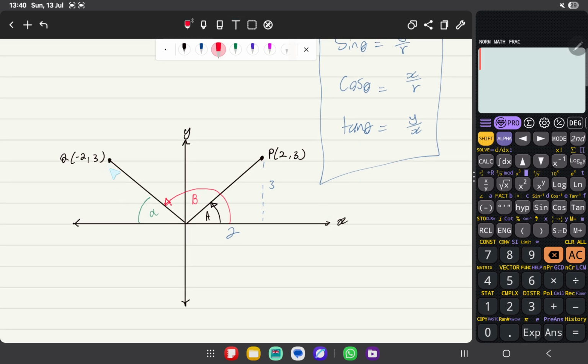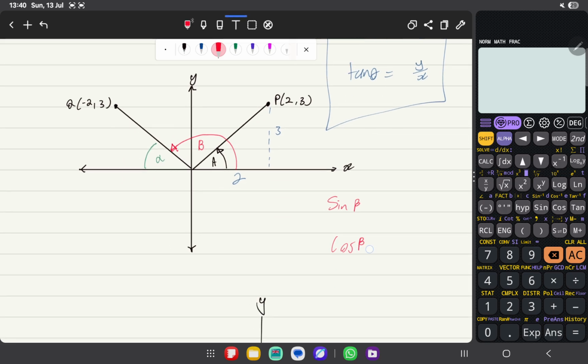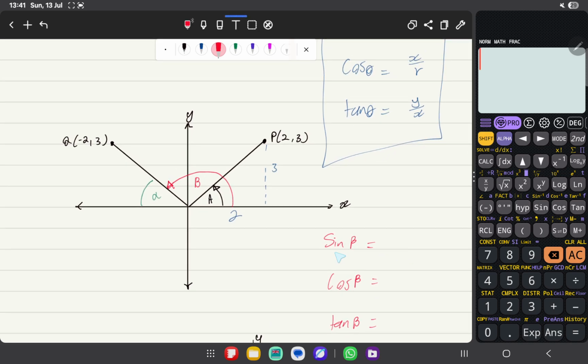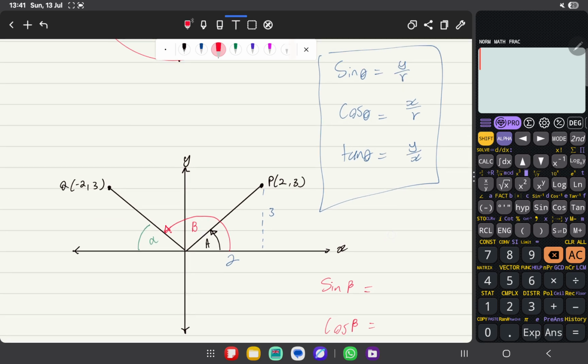You see here we're in the second quadrant. We are expecting only sine to be the positive one. We know that sine is y over r.